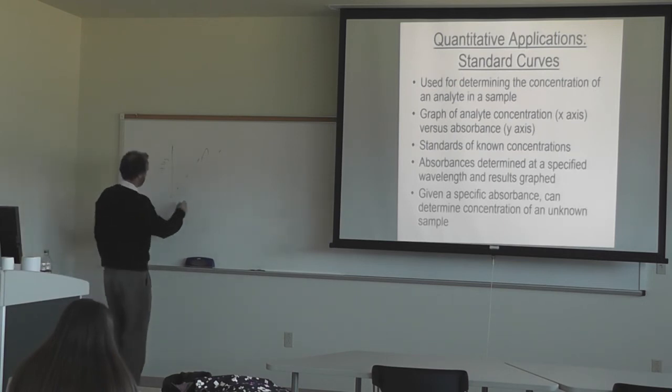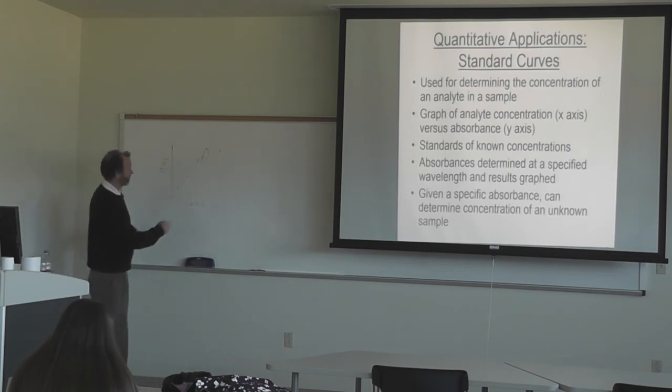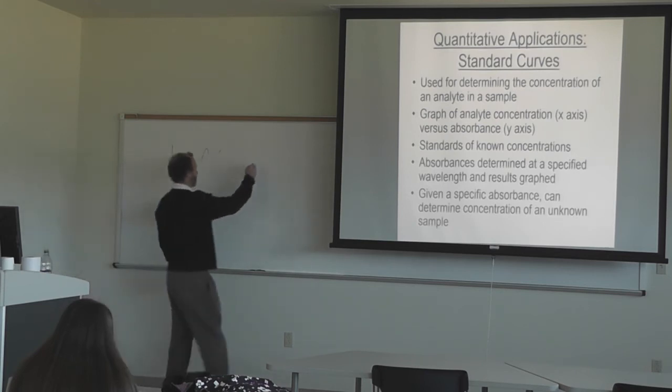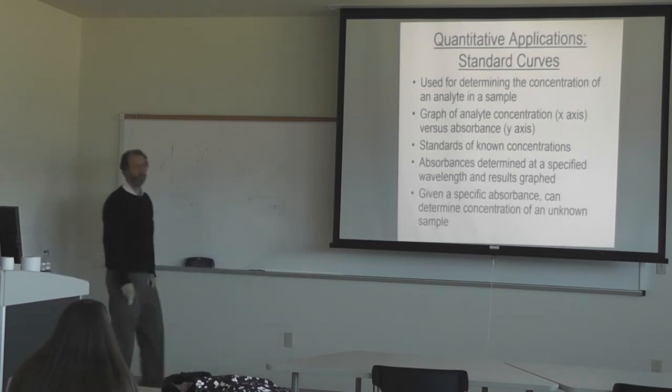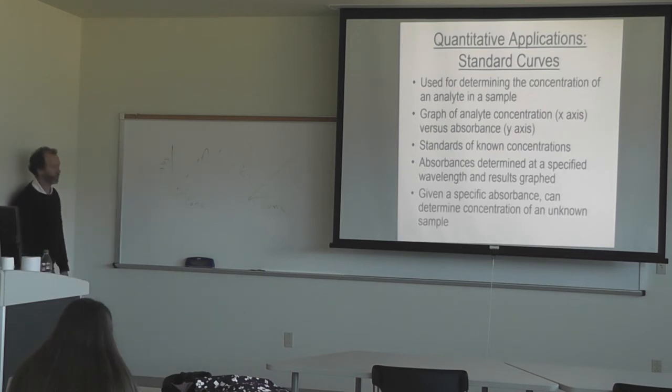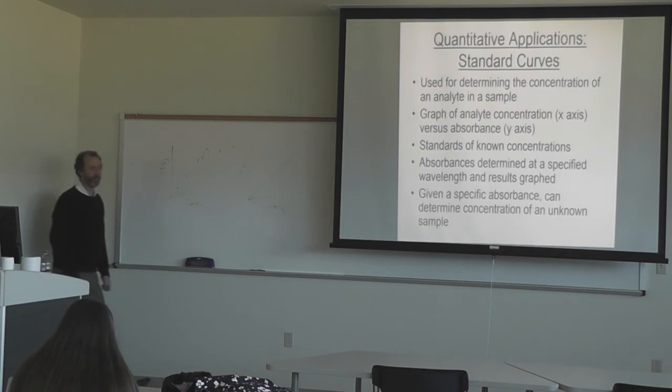So we know that concentration should look like this, right? It should be linearly related to the absorbance. But when we do the graph, we might see something like that.